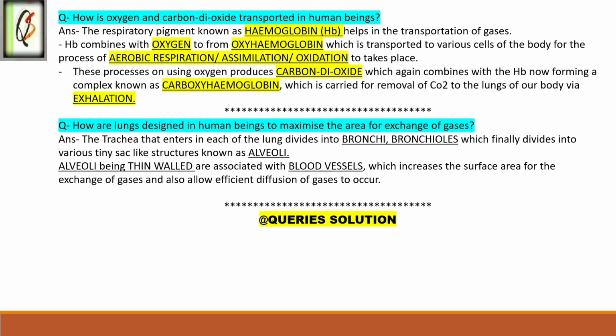Now, once the blood has transported the oxygen to the cells and they have performed respiration, irrespective of whether it was aerobic, anaerobic or lactic acid fermentation, there would be some end product which the respiration process generates.